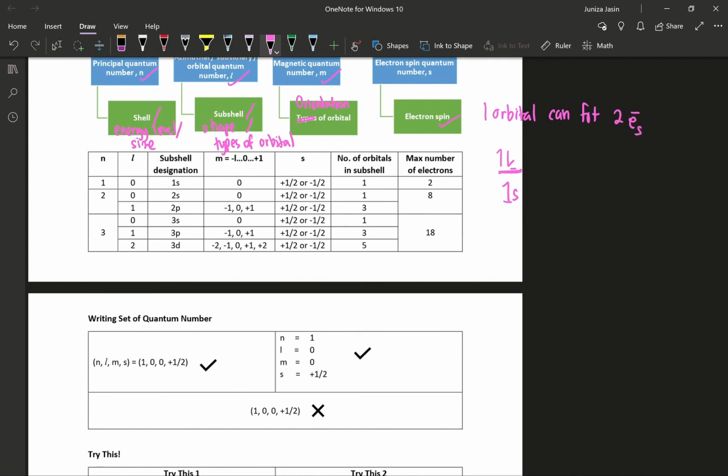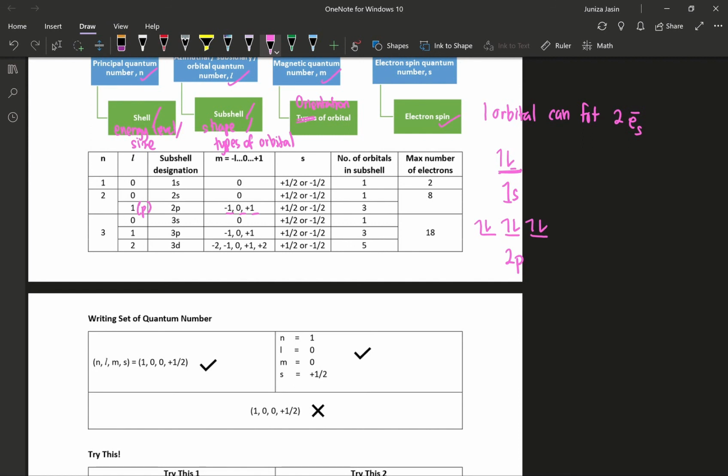So nak tahu berapa orbital yang ada bergantung kepada value of M. For example, kalau L equal to 1, which is P orbital, ada 1, 2, 3 value of M, that means ada 1, 2, 3 orbital dalam 2P. So satu orbital boleh isi 2, that means dalam 2P, maksimum boleh isi elektron adalah 6, 2 darab 3.